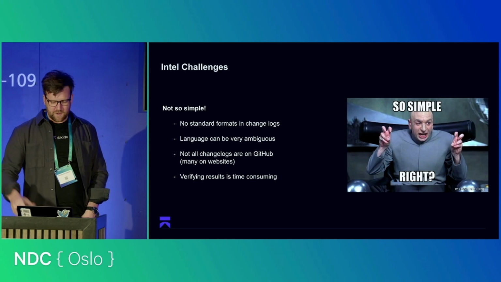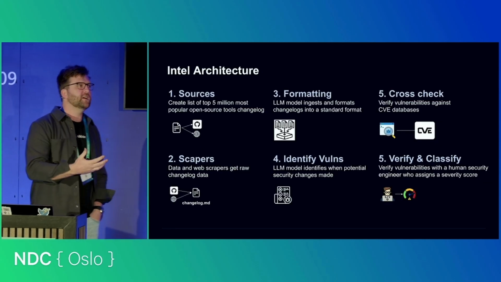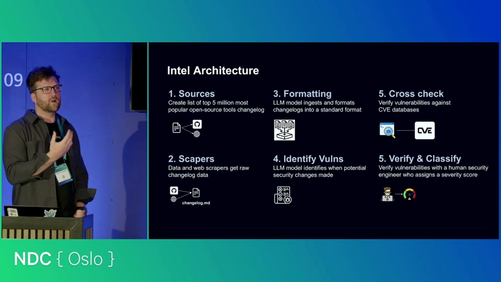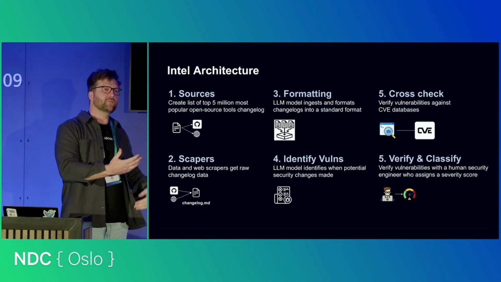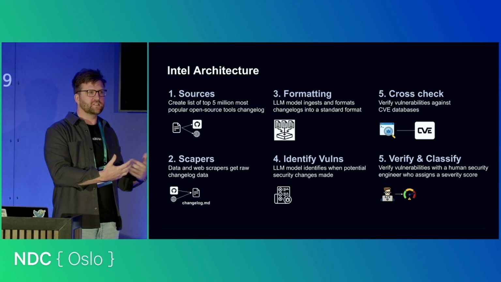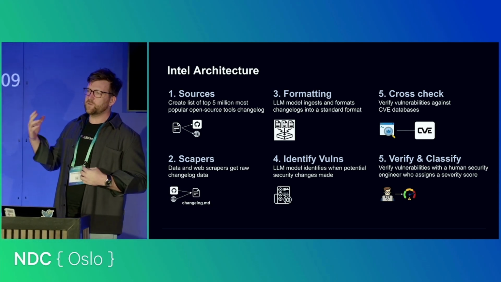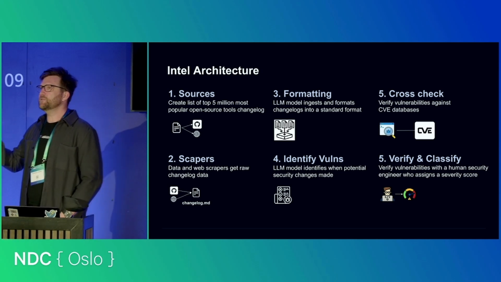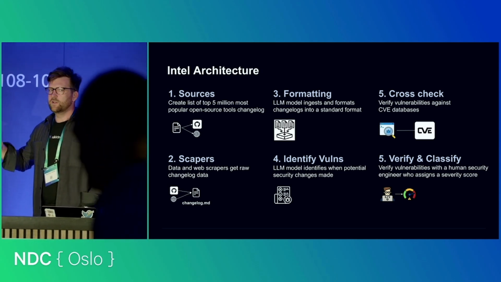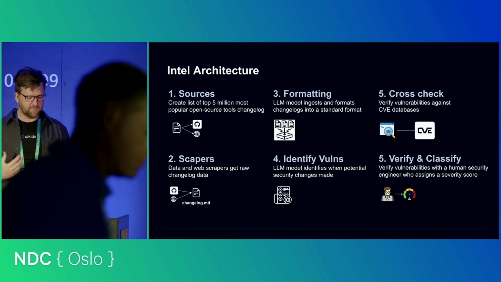We managed to do that, and essentially the architecture is that we identified the top 5 million open source projects. Every time that a changelog or a new changelog is added, we scrape that information. We use an LLM to first put everything into a standardized format, and then we identify through that changelog with an LLM if any security vulnerabilities have been fixed within it.